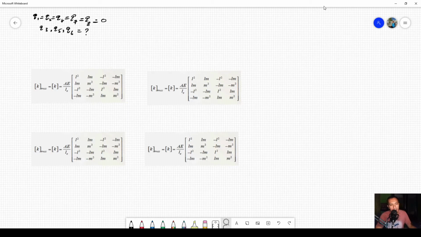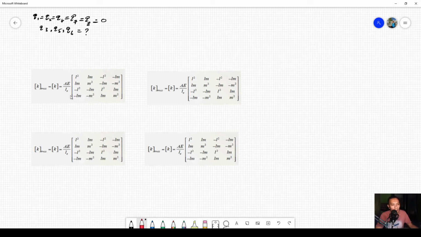The next step in preparing our system of linear equations is first to solve for the element stiffness matrix, which for each element is given by these equations.